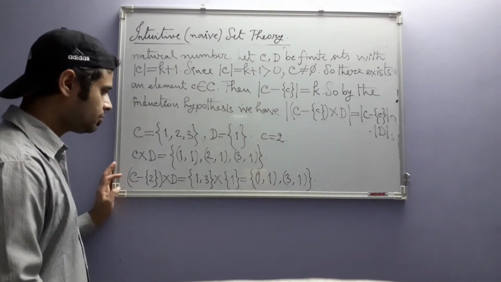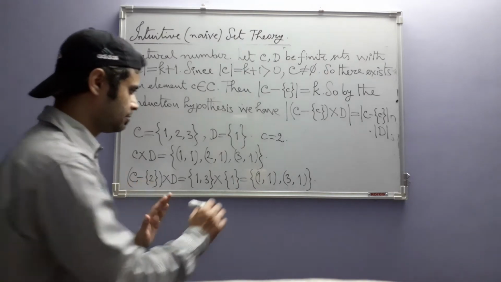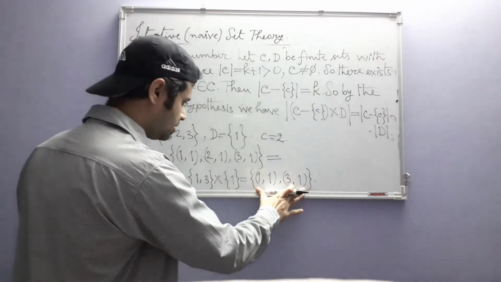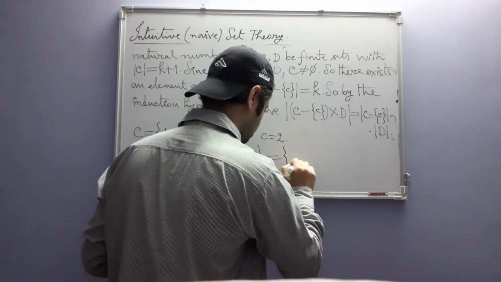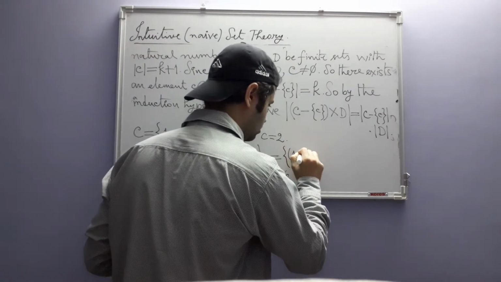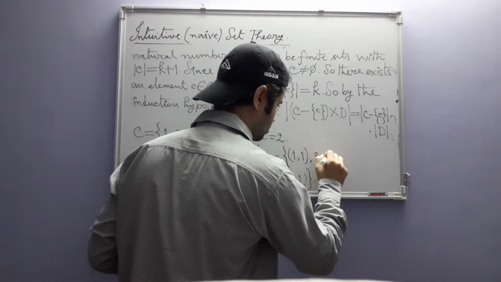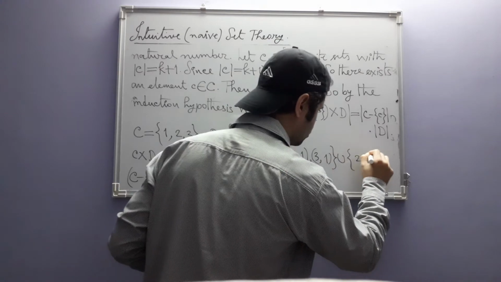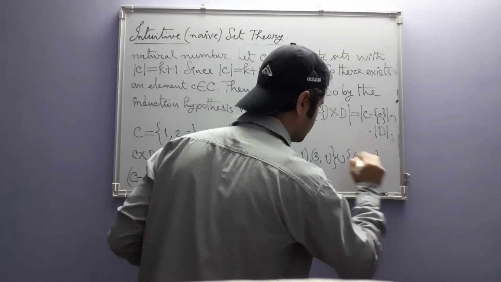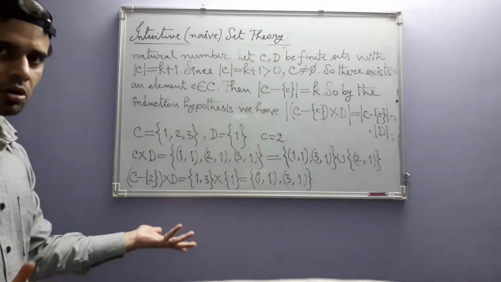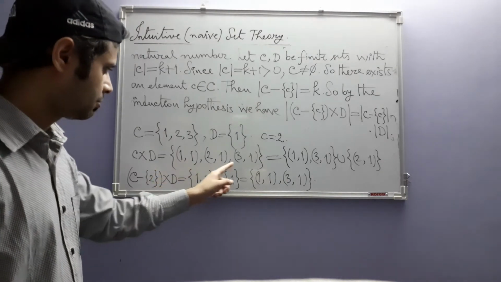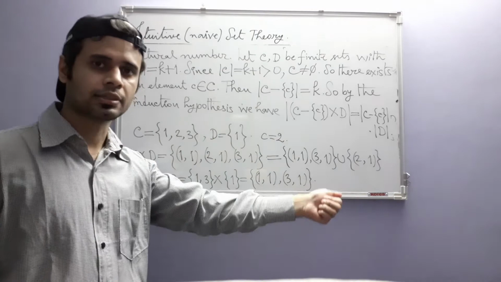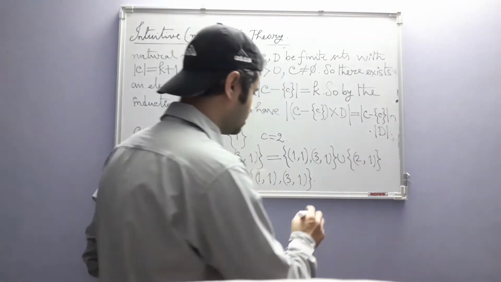Now you can see that C cross D is equal to this union {(2,1)}. Obviously, because you can take two of them and write the third one as a singleton set.